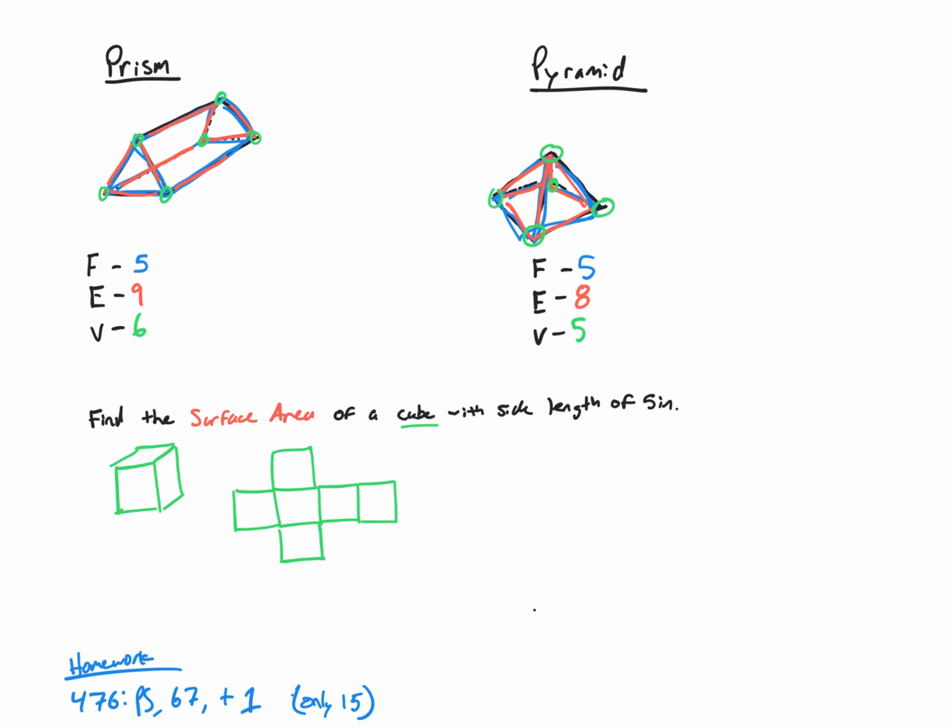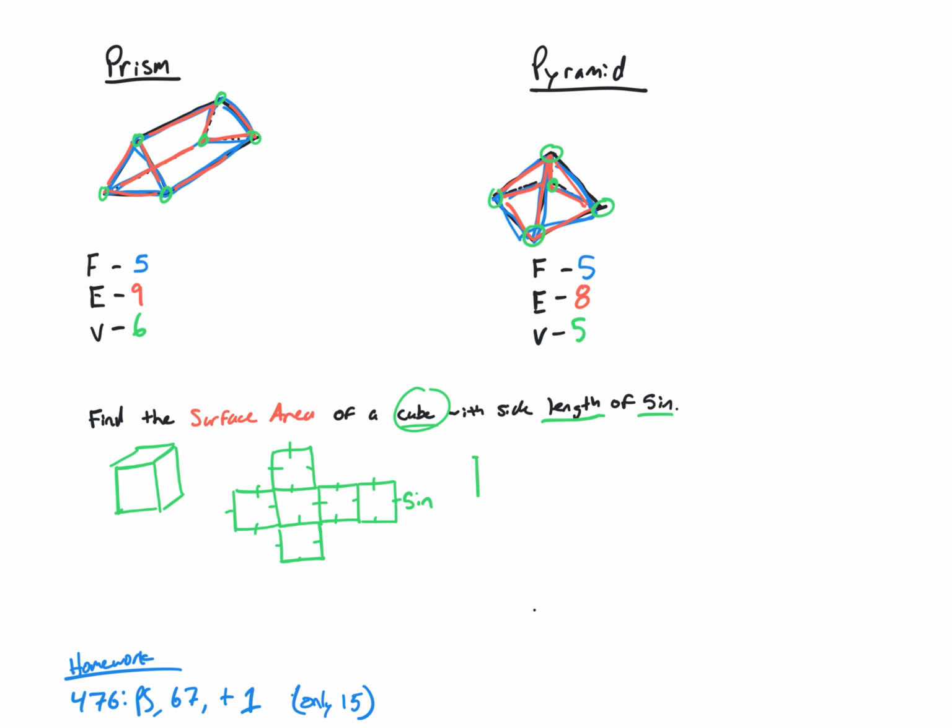And it says that the side lengths are 5 inches. Now, since it's a cube, we know it's all made out of squares, and all of these side lengths are going to be the same, and all of them are 5 inches. So what I need to do is find the area of one of these, and then I have 6 of those, 6 squares, so I can then just multiply it by 6 to find the area of the whole thing.